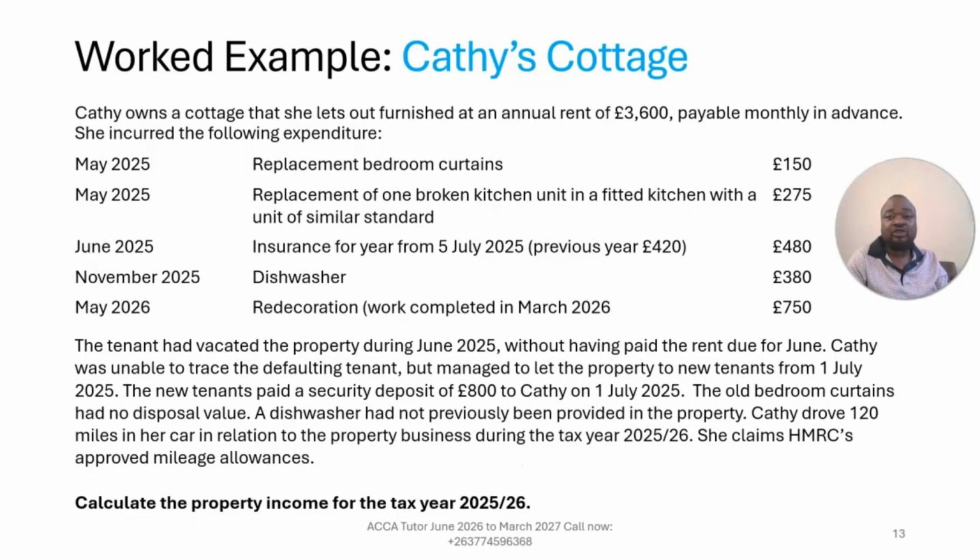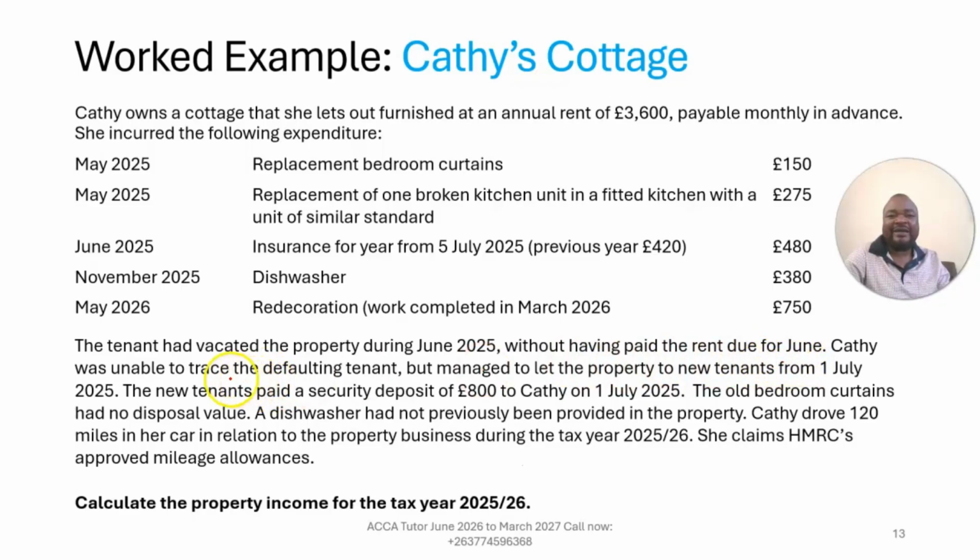Also, you can be confident that it is the cash basis at play because the rental income itself is less than £150,000. So obviously, that's the cash basis at play. All right. Now, we are told that the tenant had vacated the property during June 2025 without having paid the rent due for June.